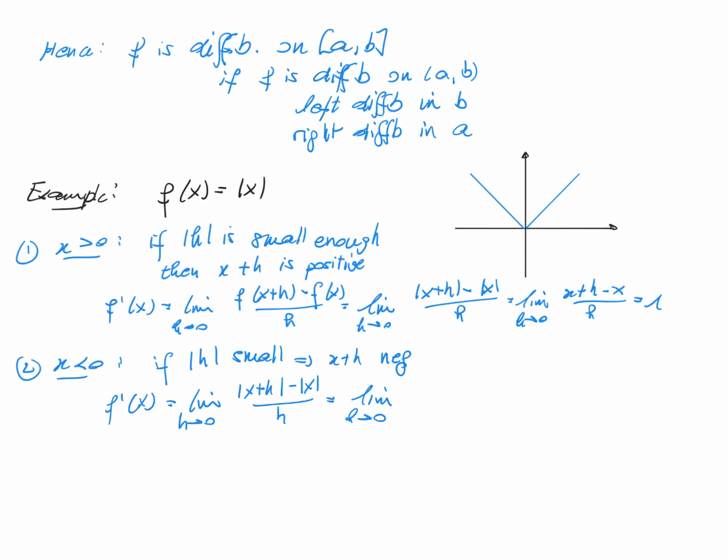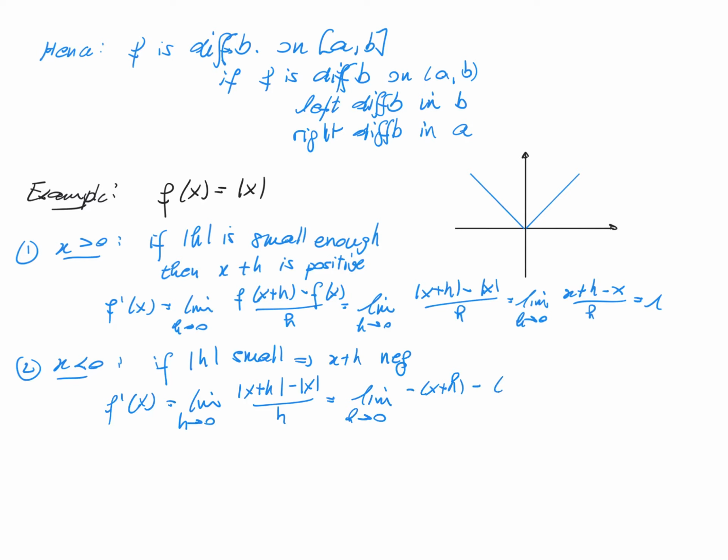Absolute value of x plus h is minus x plus h, because we know that the absolute value of a negative number is the opposite of that negative number. So if we think about the absolute value of minus 3, it is 3, so it's minus of minus 3. So the absolute value of x plus h is minus x plus h.